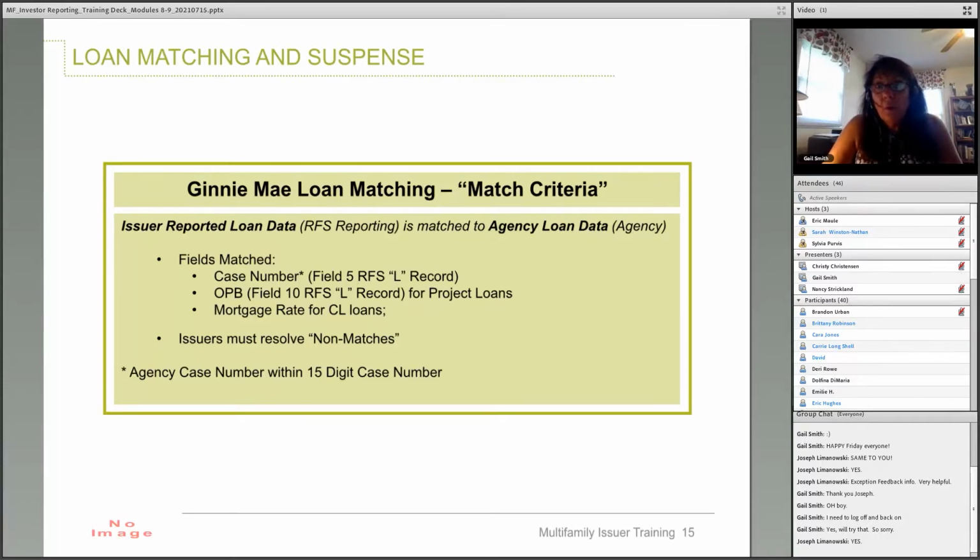Does anybody work matching in Suspense in this group? And if you do, how would you resolve your non-matches?